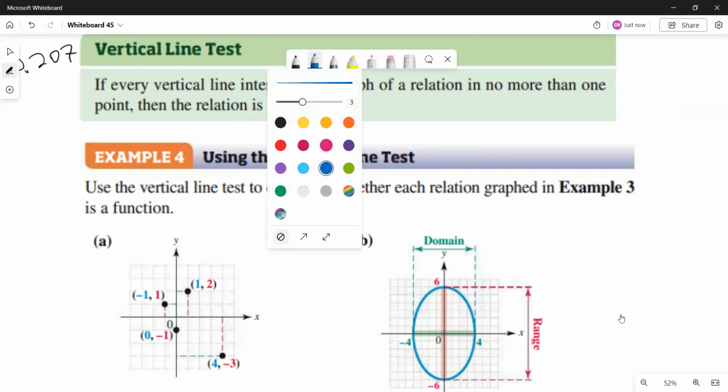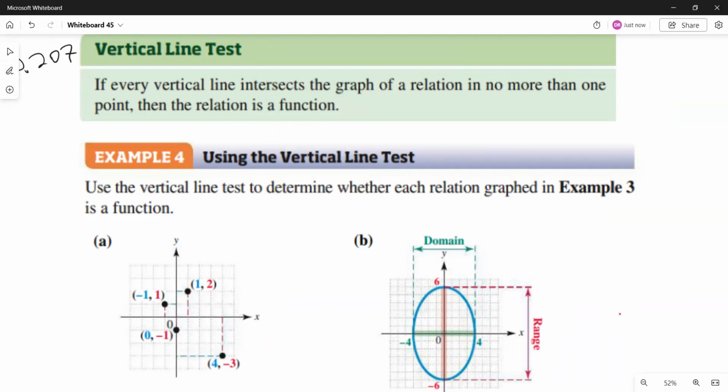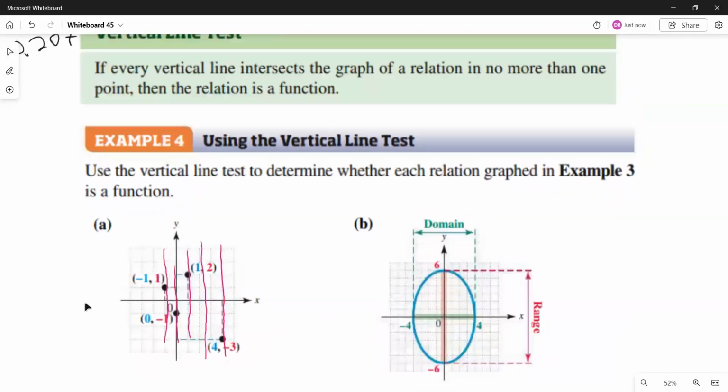The first relation consists of 4 points. So we can see that every vertical line intersects the relation at no more than 1 point. And we can have some vertical lines that don't intersect at any point. So A, this is a function.